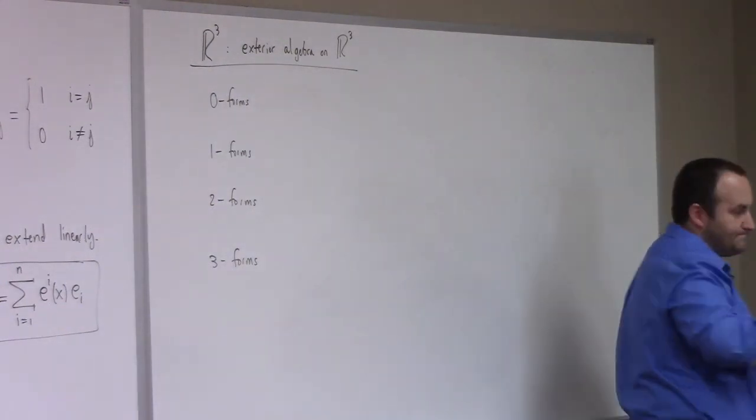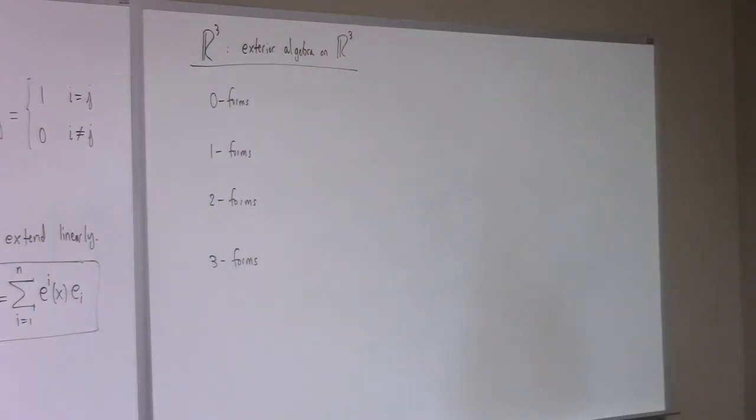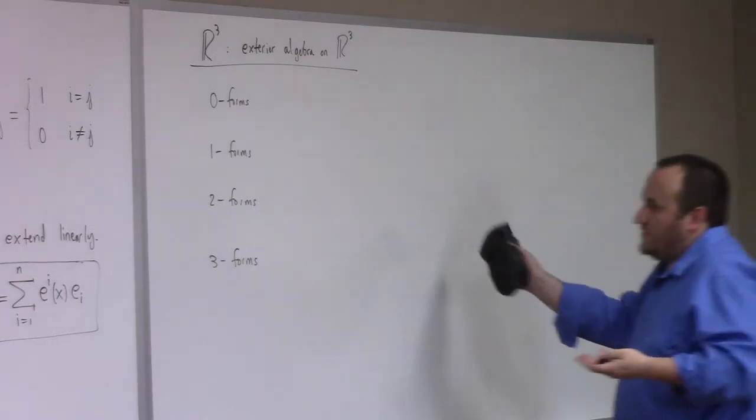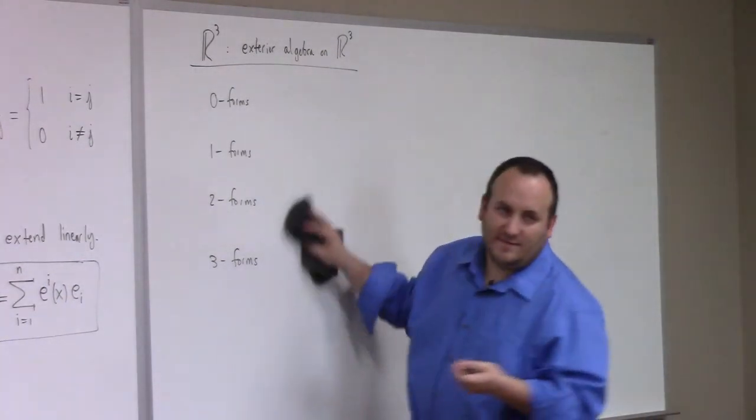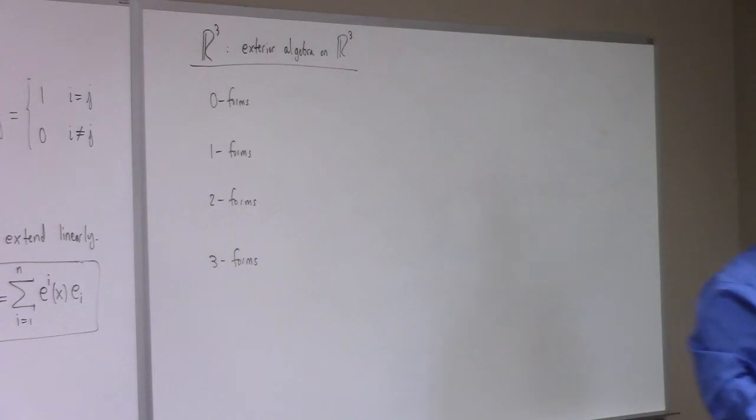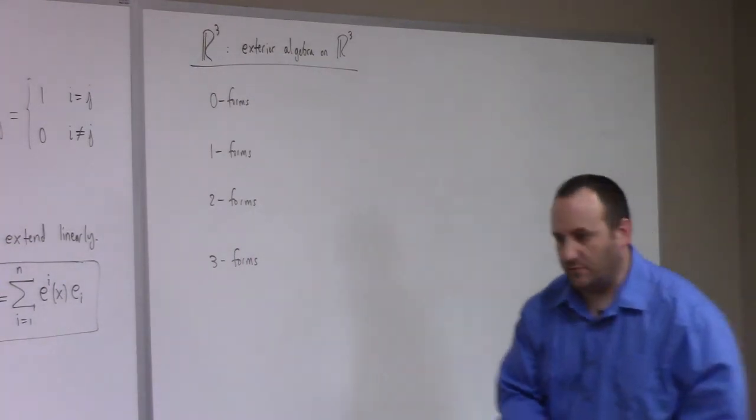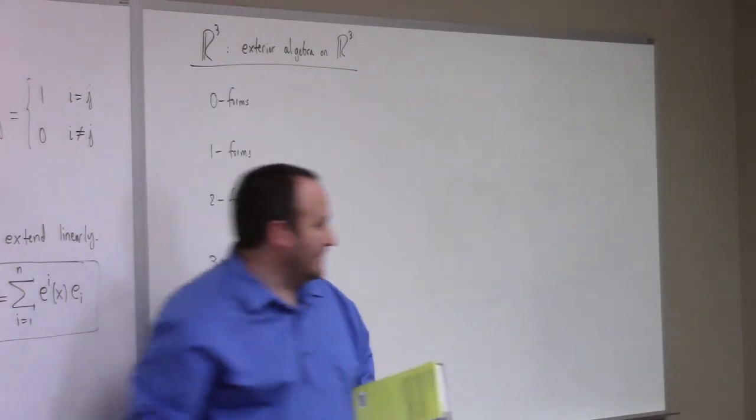So this is a little bit out of order. Technically speaking, I should really take another 20 minutes and develop a little bit more abstract multilinear algebra here. Tell you what, I will do just a little bit more in that regard so that we don't put the cart entirely before the horse here.